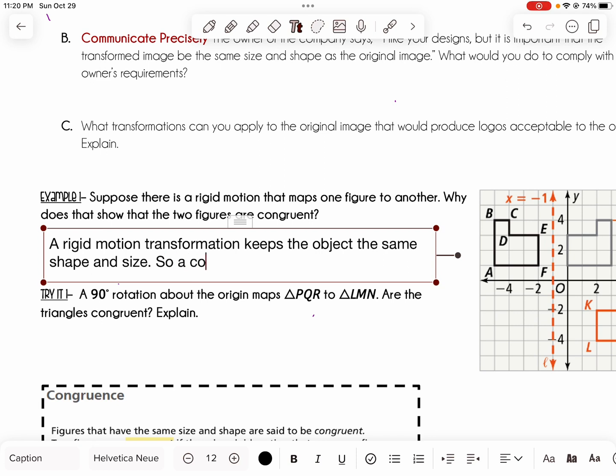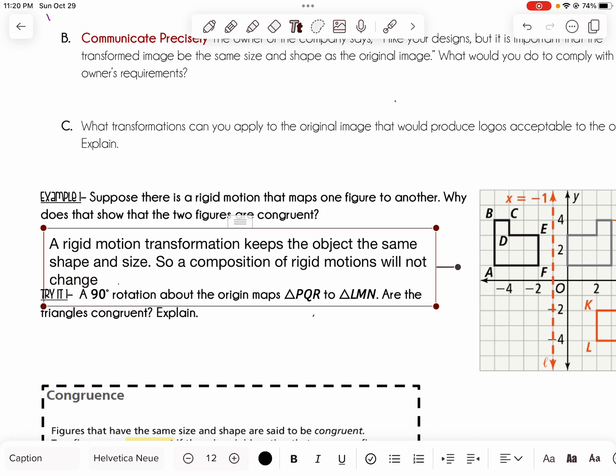So, a composition of rigid motions will not change the object. Okay, so just doing a whole bunch of rigid motions in order won't change the object, but they allow us to determine if two objects are congruent, because that means they're the same shape and size. Okay, will not change the object.